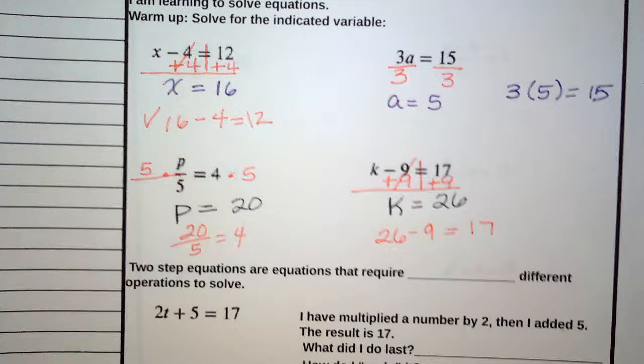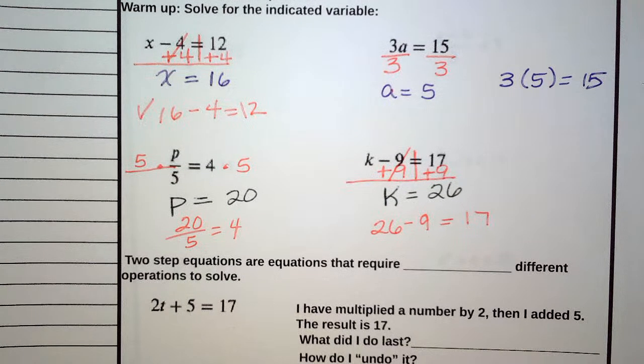Now, two-step equations are what we're going into next. Your one-step equations require one step, one operation to undo what's happened in my variable. Two-step equations are equations that require 2 different operations to solve.